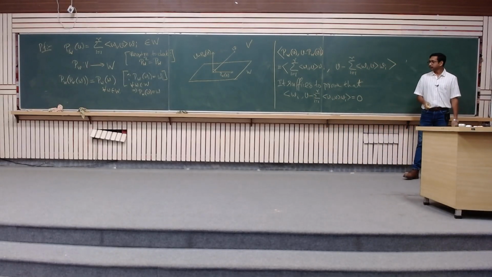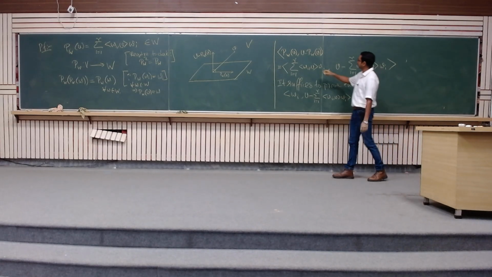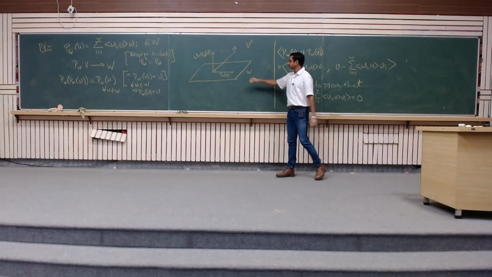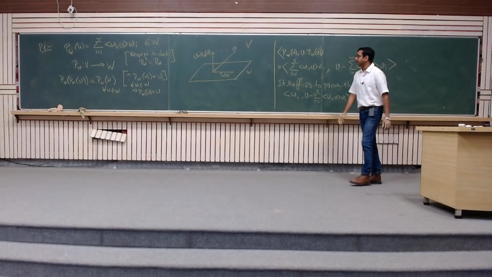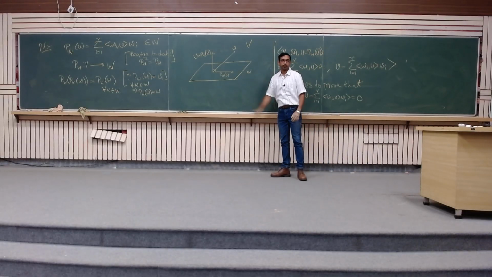If you could show that v minus P_W v is perpendicular to the basis vectors, that would mean it is perpendicular to the entire space W, and in particular to P_W v.